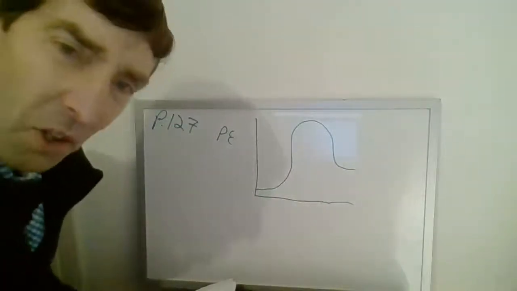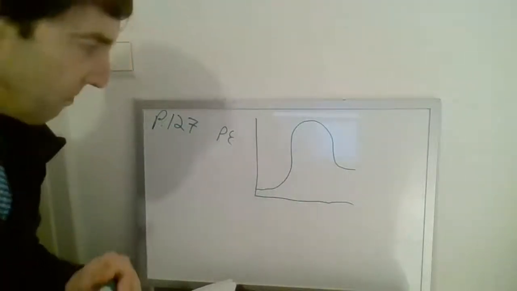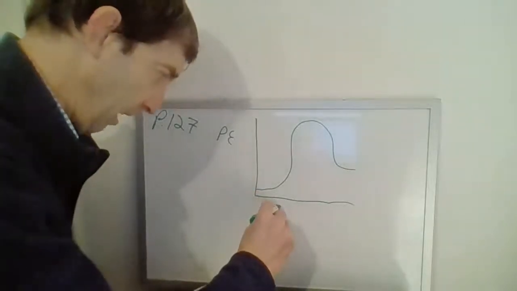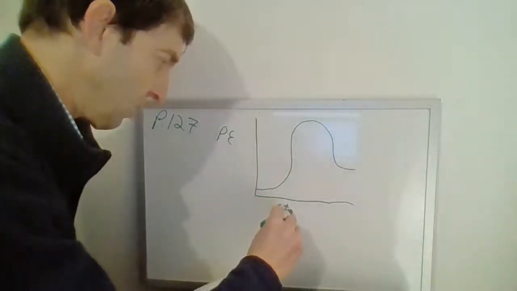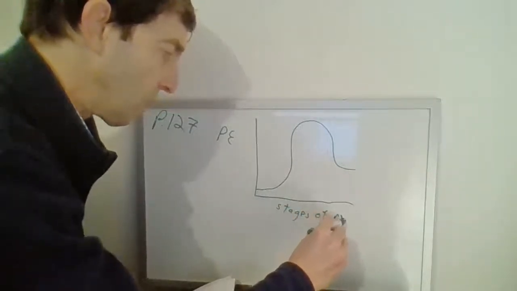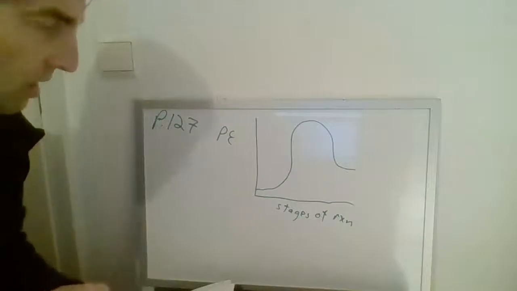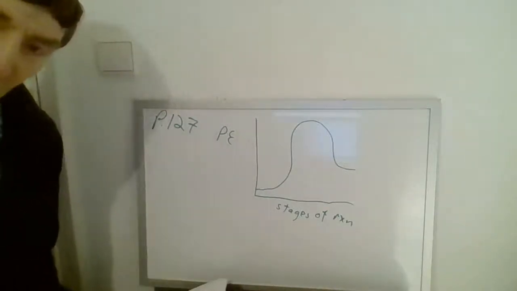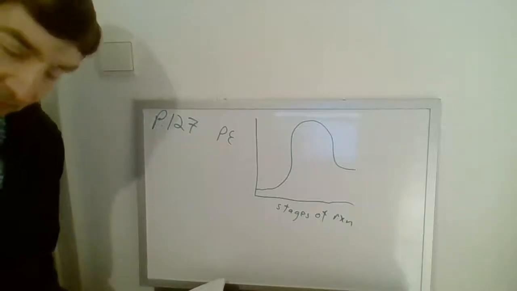And is that an endo or exothermic reaction, gang? If it's a PE diagram, down here it's time, or you can just say stages of reaction. So endo or exothermic. I will blow my nose while you consider this.